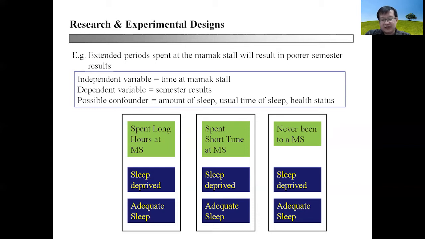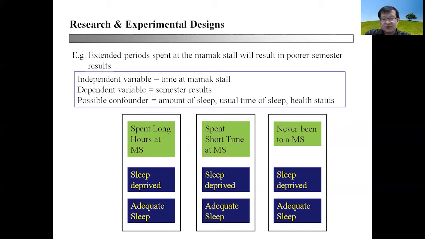So it becomes important that in the following example, we can control all the factors and therefore we'll be able to get meaningful results as depicted in these three blocks here. In order to prove our hypothesis, we need to have one group of people who spend long hours at the mamak store, another group who spend shorter time at the mamak store, and another group that never spend any time at all at the mamak store.